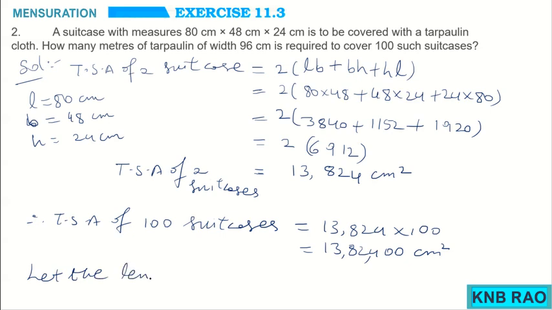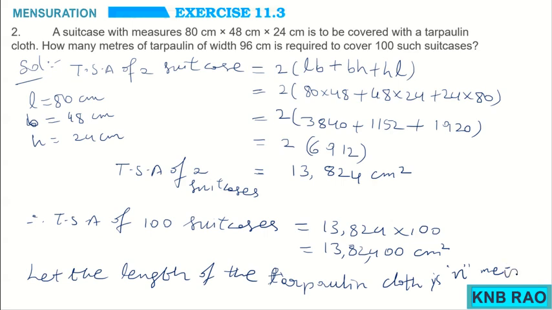Now, if the length is n centimeters and the width is 96 centimeters, then their product is the area of it.